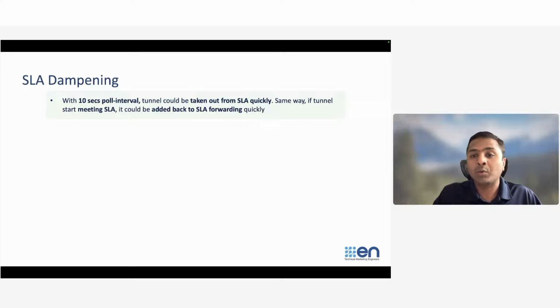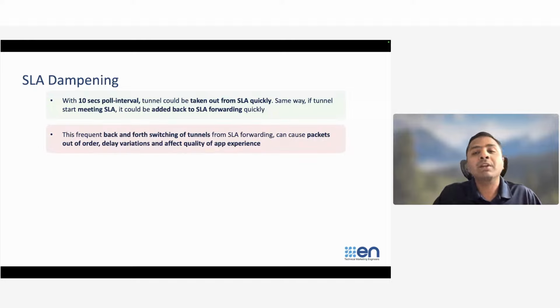Now, imagine a situation where your WAN network is not stable and there are some issues that are external to your SD-WAN network. Maybe there are some issues happening on the ISP or the managed service provider. So in that case, with tunnels taking traffic into forwarding, and taking the traffic away from forwarding when not meeting SLA, you can see that the traffic can flip-flop, right?